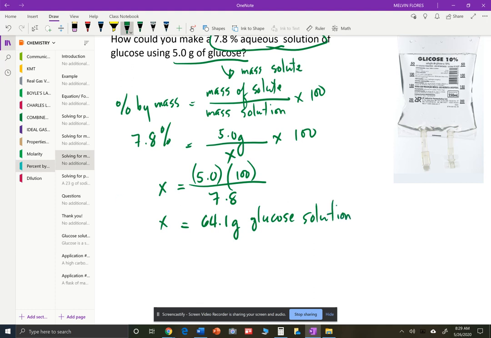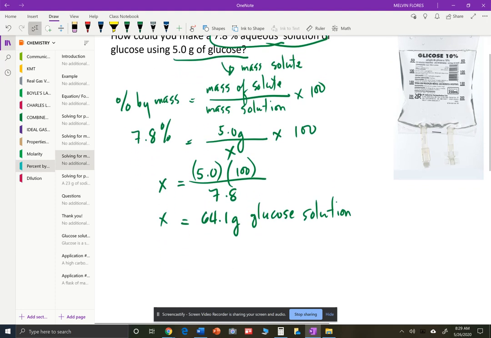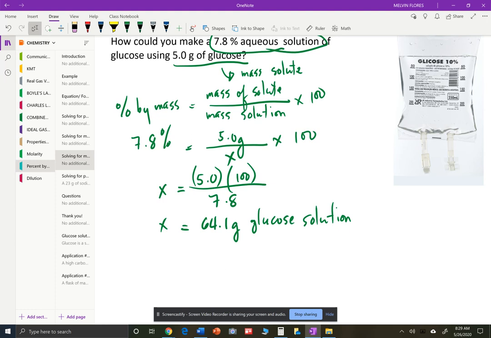All right. So now we're going to look for the mass of the solvent, because we need to know how much of the solvent to use to make the mass of the solution, which is 64.1 gram. So now let's get the mass of solvent. Mass of solvent equals mass of solution minus the mass of solute.